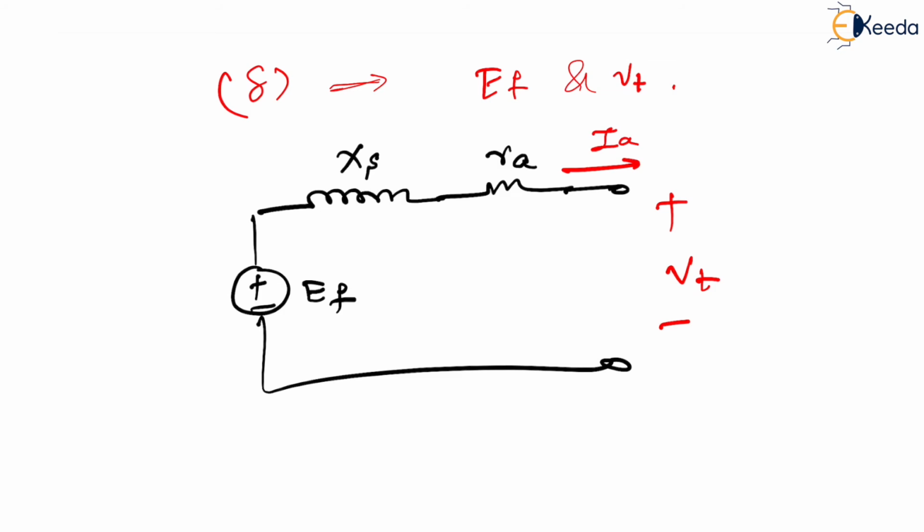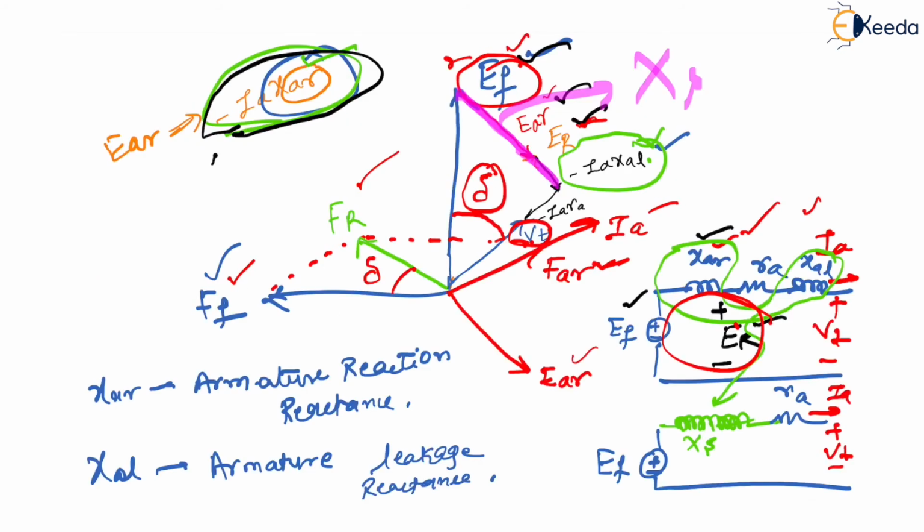What do you observe? This FF is ahead of FR or not? Yes. Whenever FF is ahead of FR, which means whenever field poles are ahead of the resultant pole, it is alternator, and it is alternator which is delivering some amount of active power. Correct? Now, if you see, same angle delta is there between EF and VT.